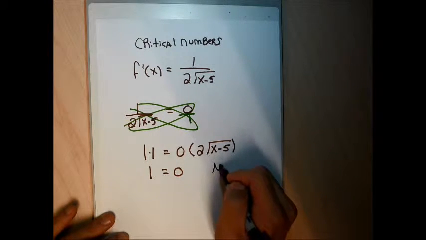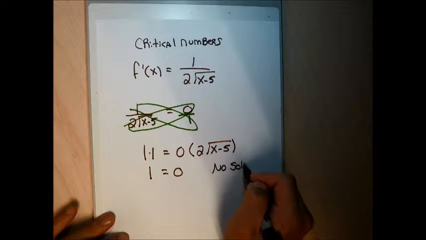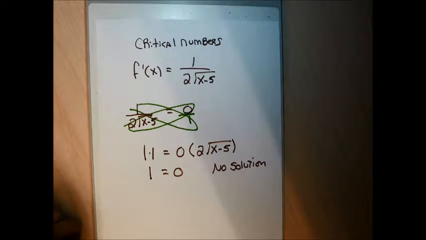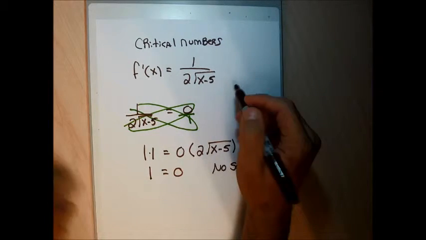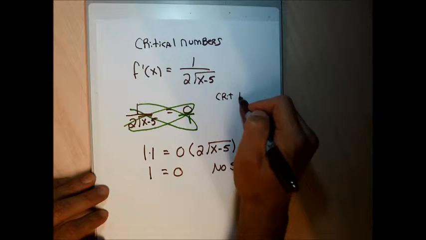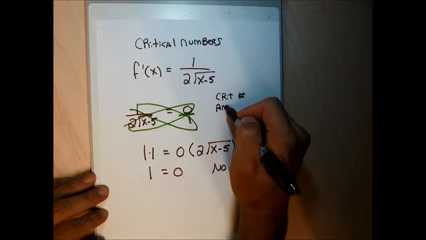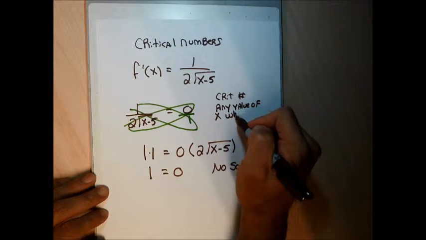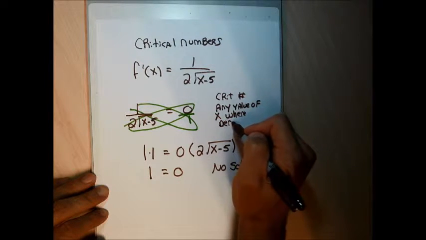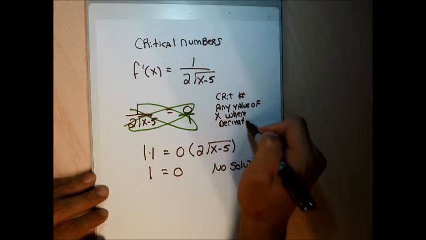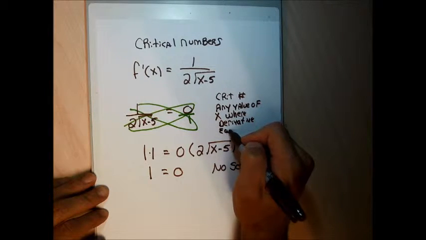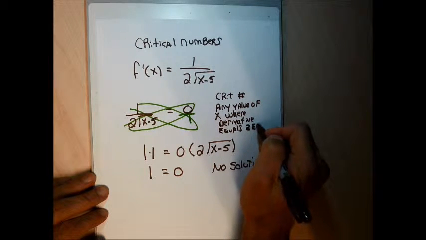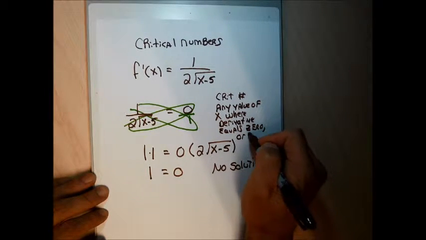Since there's no x in there, there's no solution. So just setting the function itself equal to 0 doesn't produce a critical number. But there's two kinds of critical numbers we need to find. Critical numbers are defined as any value of x where the derivative equals 0, and we just found there was no values of x where the derivative is equal to 0, or is undefined.